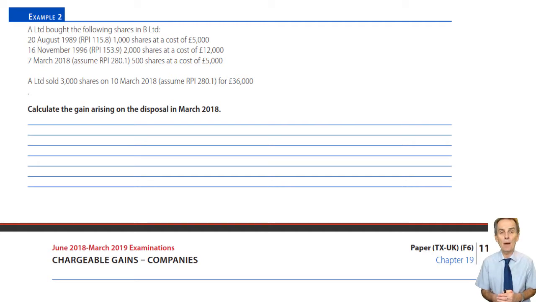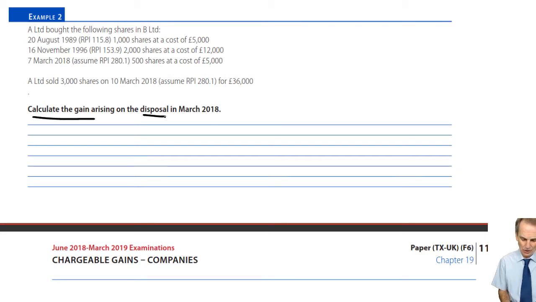What we are going to spend most of our time doing, however, in any such problem, is going to the next and final port of call in terms of our identification rules, and that is the share pool. And I left you potentially, if you wish, to look at example 2, as we see here on our screen now. So how do we tackle such a problem? The requirement: calculate the gain, here arising on the disposal in March 2018.